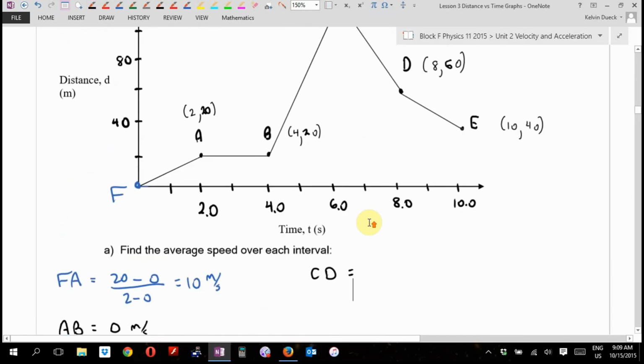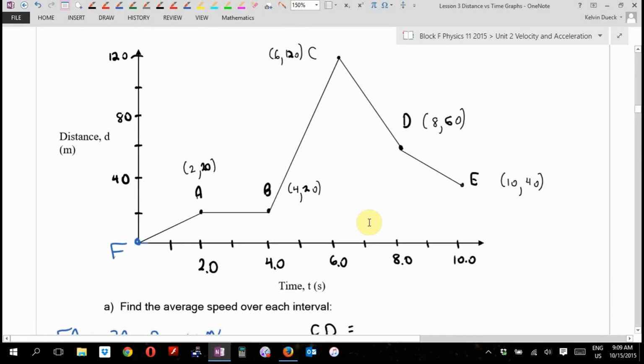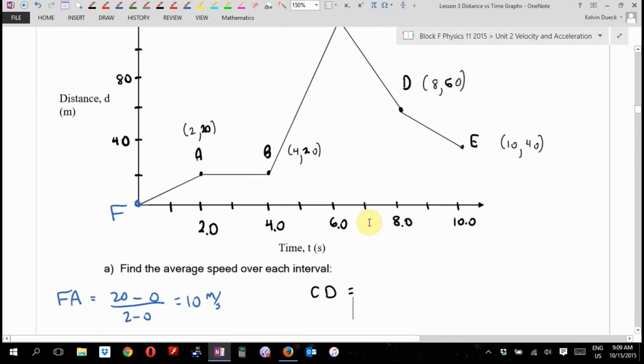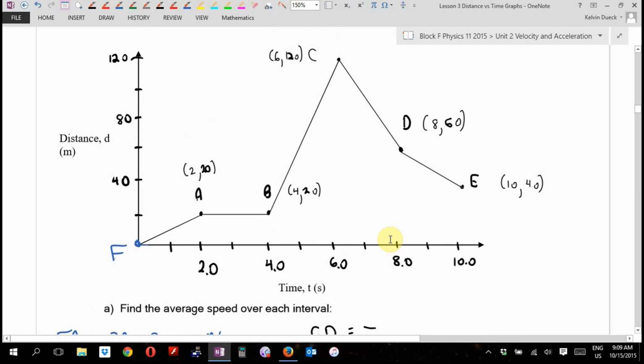CD. Are we traveling forwards or backwards? I'm going to put a negative just so I get it right away. What's the rise? This one we're going to try doing without writing anything. How high? 60.